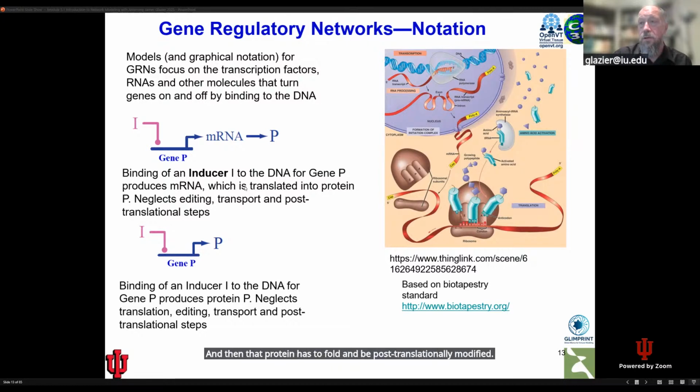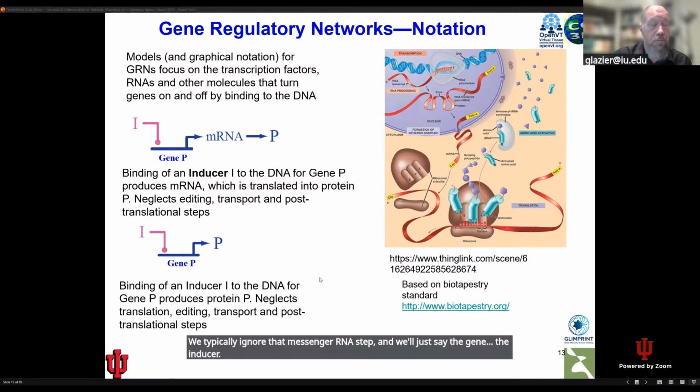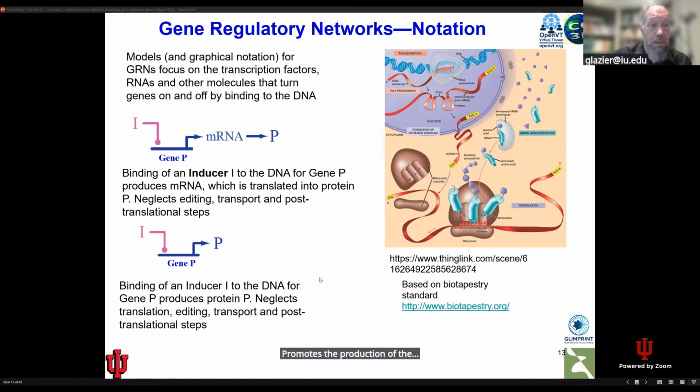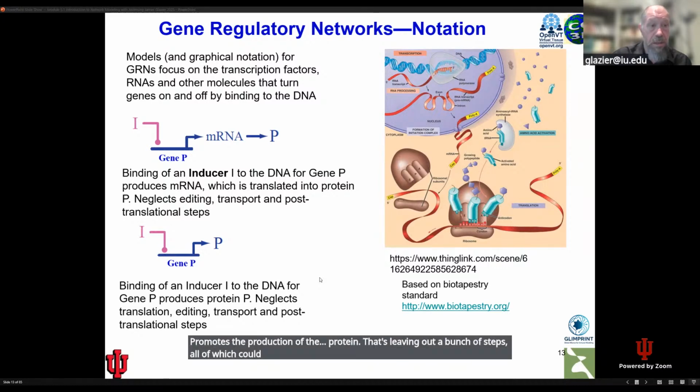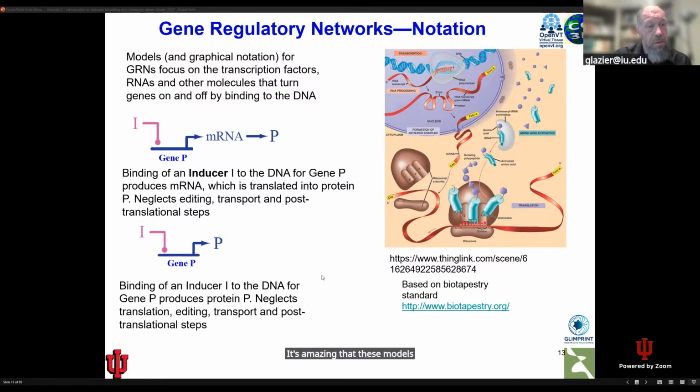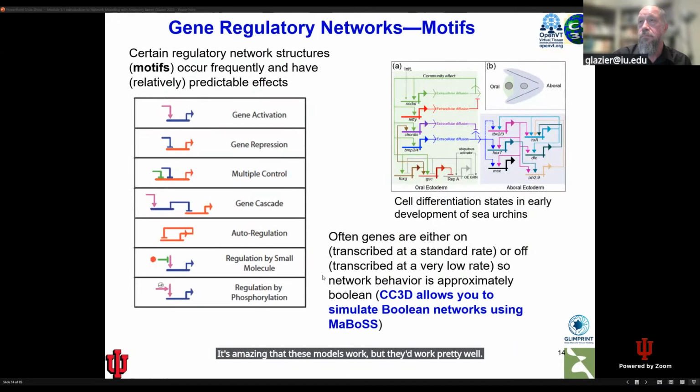We typically ignore that messenger RNA step, and we'll just say the inducer promotes the production of the protein. That's leaving out a bunch of steps, all of which could be regulated. It's amazing that these models work, but they work pretty well. There are a number of regulatory motifs that we'll run into.